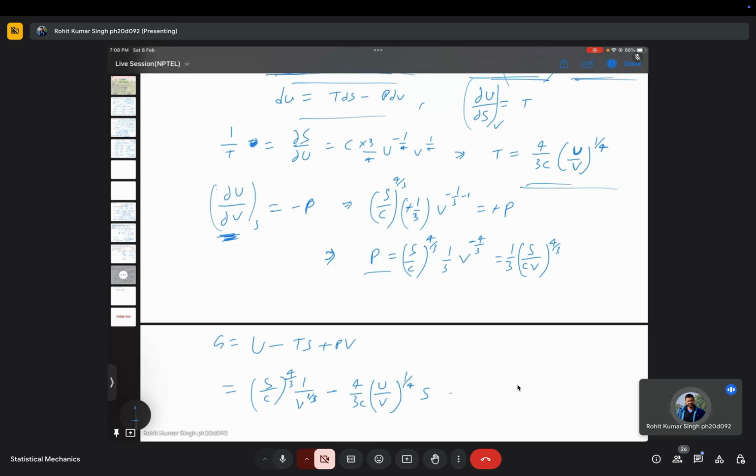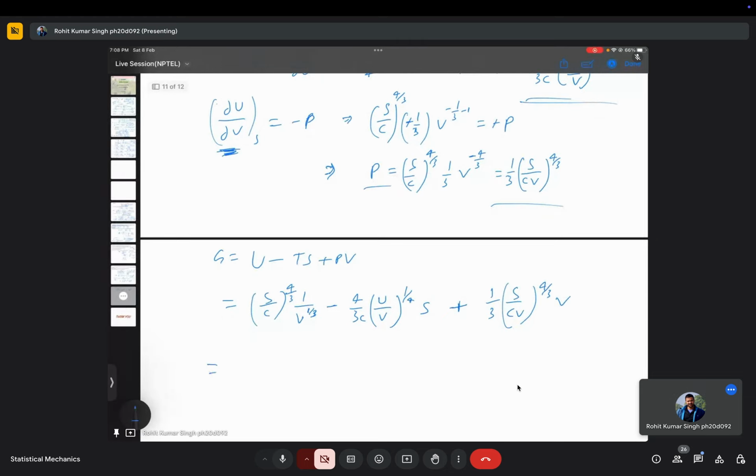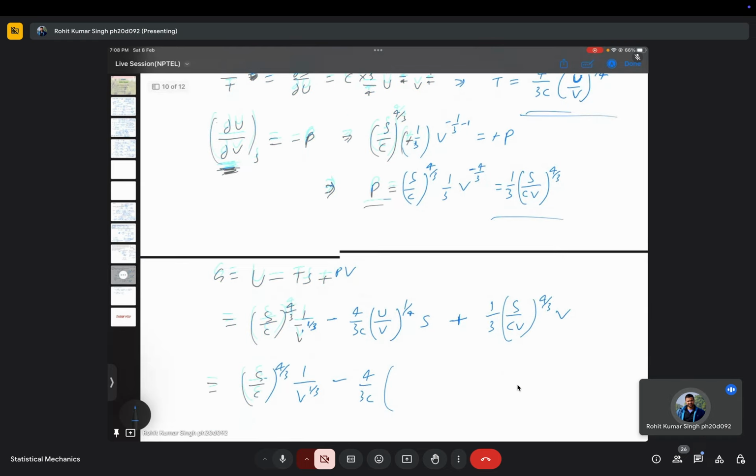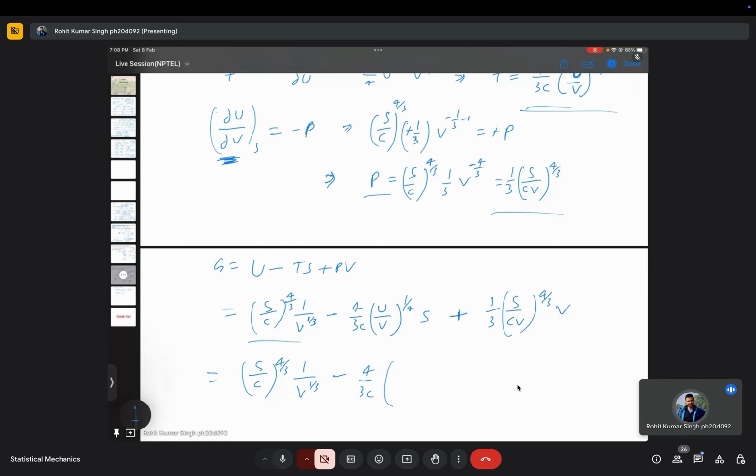We'll do that in the next step. And then we have pressure we calculated here, times V. Okay, so this is what we have. Let's try to simplify it. U again I'm going to replace by this expression.